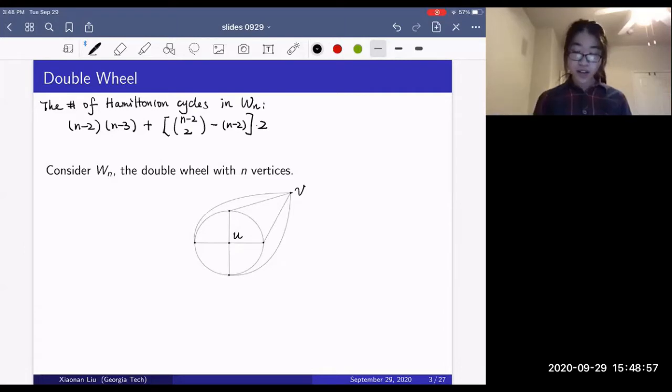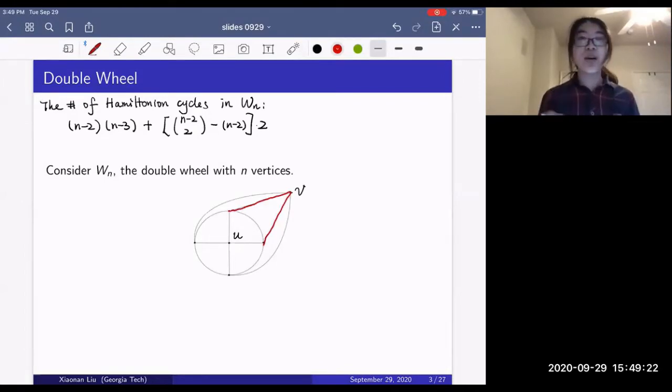For U and V, in each Hamiltonian cycle, the two edges incident with U are contained in one triangle.